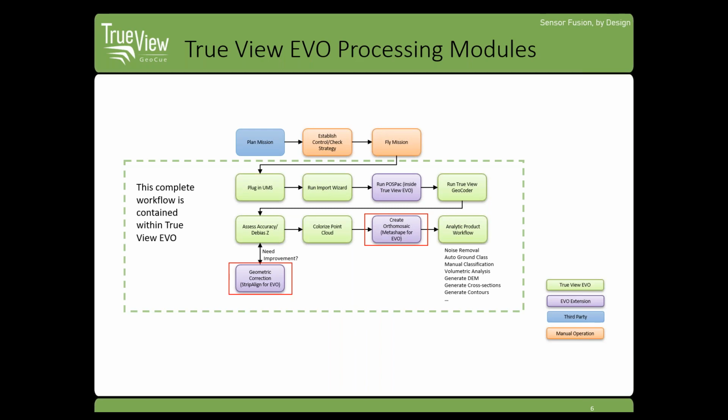The 2 modules we're going to talk about today, Metashape for EVO or MFE and StripAlign for EVO or SAFE, handle 2 additional functions: creating the orthomosaic from the oblique imagery that the cameras have been capturing, and if necessary, doing any geometric correction or block or strip adjustment that may be required on your LAS data. Derek's going to go into much more detail on these. So this is where these 2 modules fit in, orthomosaic generation and geometric correction if it's needed on your project.